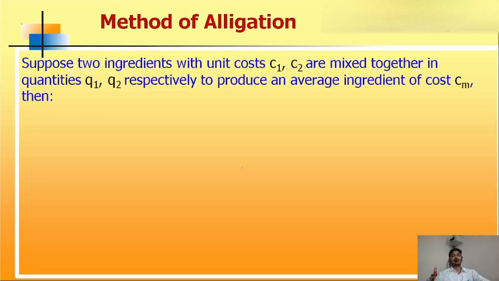Suppose we consider two ingredients with costs C1 and C2, mixed together in quantities Q1 and Q2 respectively, to produce an average ingredient cost of CM. As I said earlier, we use the weighted average concept here.